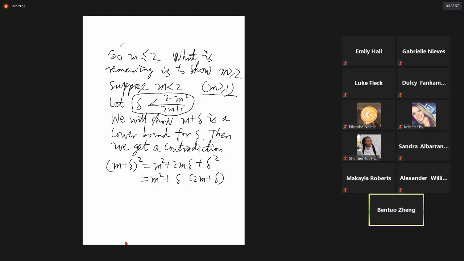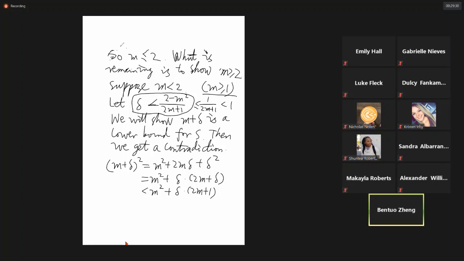Since m is greater than or equal to 1, the numerator 2 minus m squared would be less than or equal to 2 minus 1, which is 1, over 2m plus 1. So this is actually less than 1. So delta is also less than 1. So this is less than m squared plus delta times 2m plus 1, because delta is less than 1.